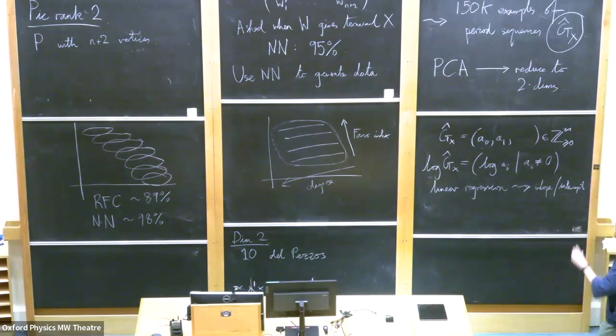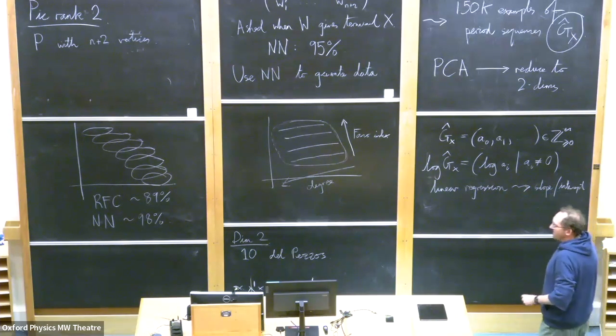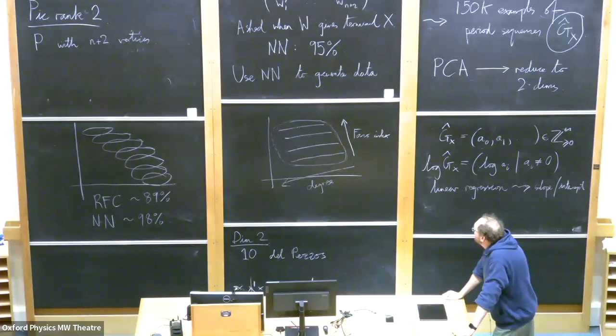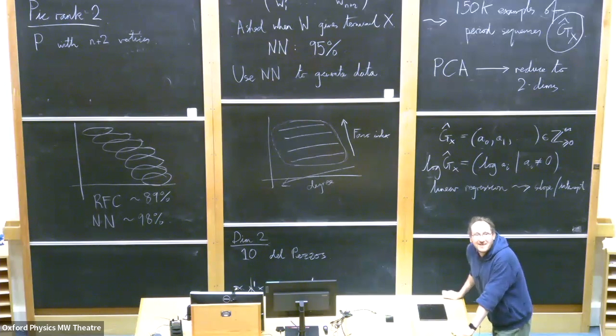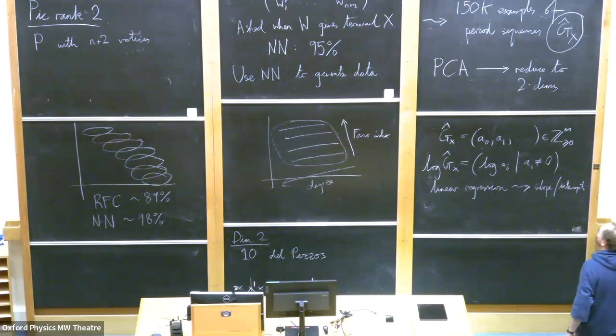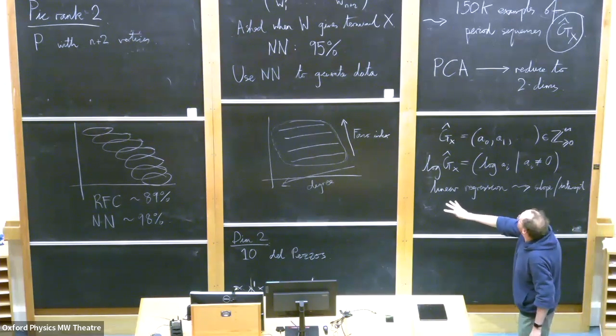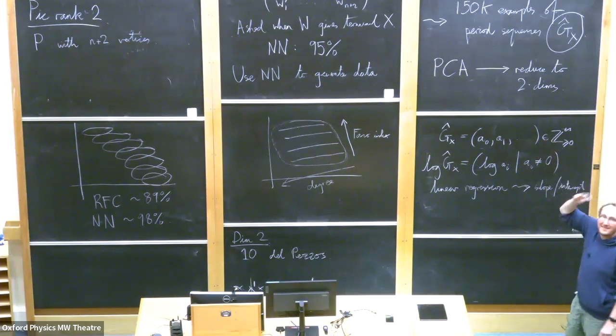Okay. So there's a huge amount of information here in these plots of the landscape that machine learning is exposing. How you prove any of this, I have zero idea, but that's okay. And there's no way that we could have found any of this without PCA.